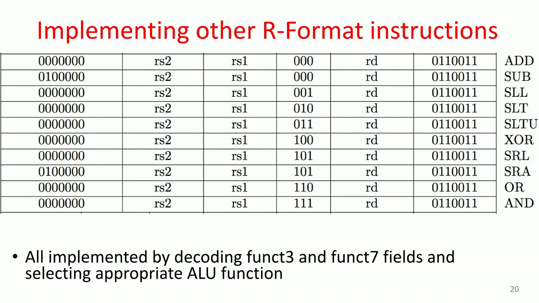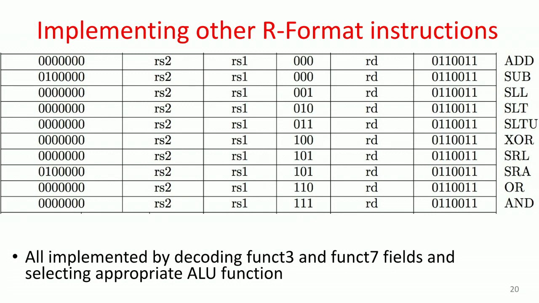They all have the same opcode down here. They differ in the func7 field and in this func field here. So it's a combination of this field and this field that tells us what type of instruction it is. And then the data path that I showed before would work just fine.